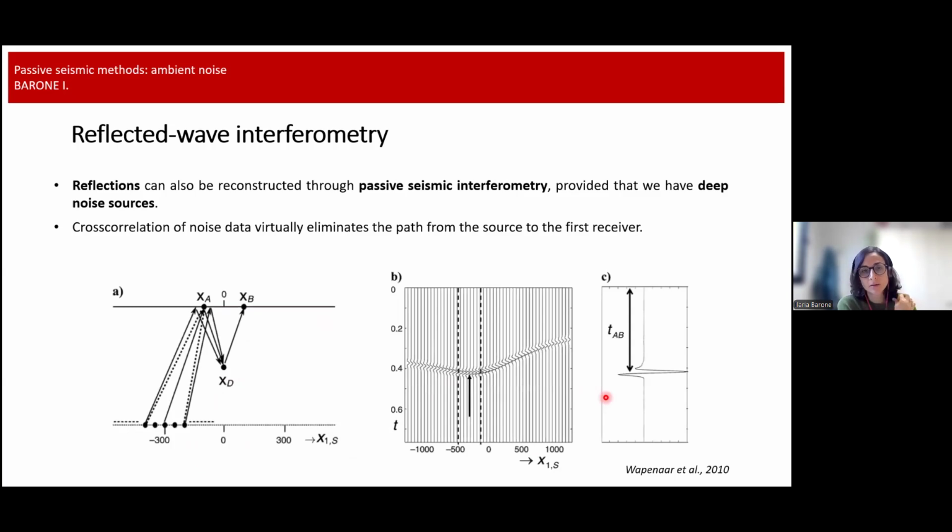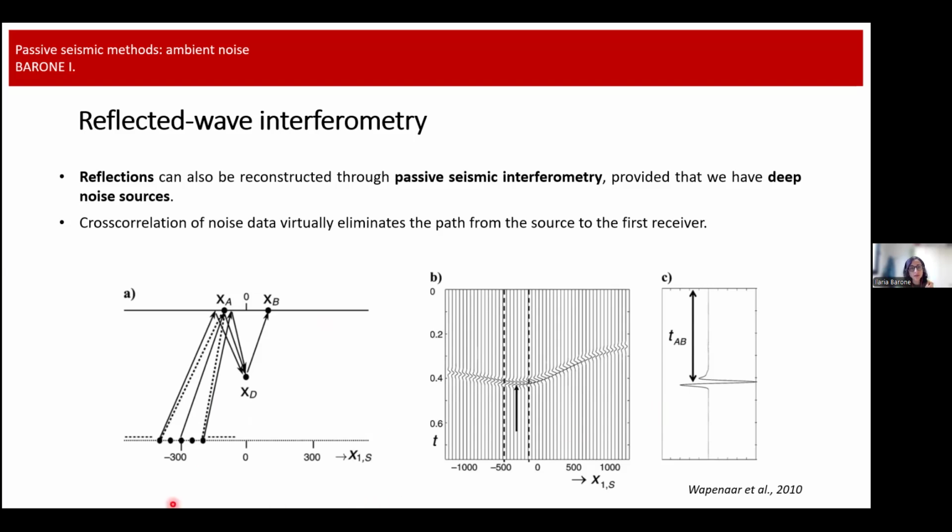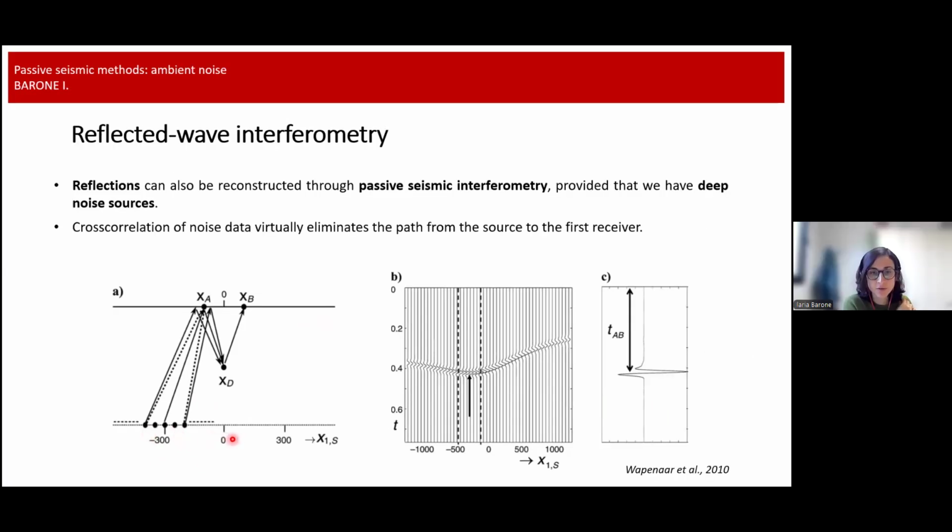And again, we cannot control the location of the sources in the subsurface, so the sources could be everywhere along this line. And if we make the same exercise we did before for the horizontally propagating waves, if we plot all the cross correlations for all the possible sources along this line, this is what we get.